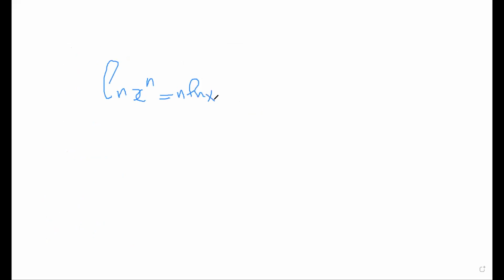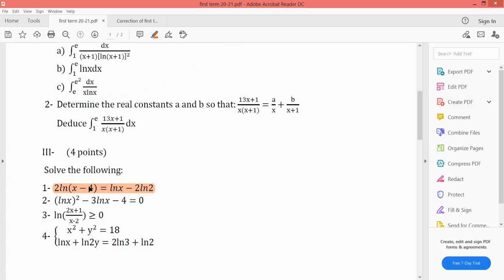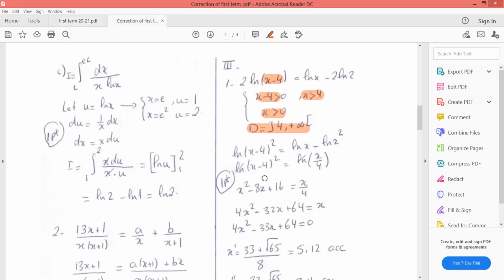So if we have n ln x, we can put it as ln x to the power n. Here, 2 ln(x minus 4), I can put it ln (x minus 4) squared. 2 ln 2, I can put it ln 2 squared. So ln (x minus 4) squared equals ln x minus ln 2 squared.